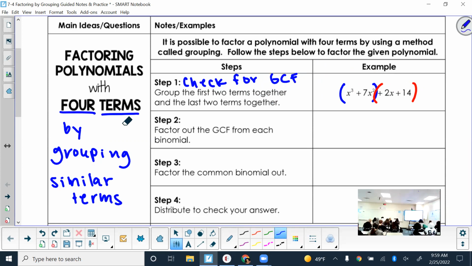Step 2 is to factor out the GCF from each binomial. So binomial means what? Two-term expression. So I have a 2-term expression here, 2-term expression there. I need to factor the GCF from each group. So what's the GCF of the blue group?